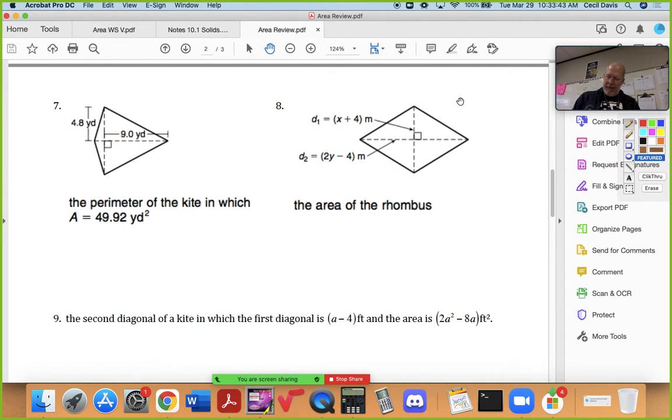Number 7, the perimeter is 30.4 yards. Number 8, the area is xy minus 2x plus 4y minus 8 square millimeters. Number 9, the other diagonal is 4a feet.